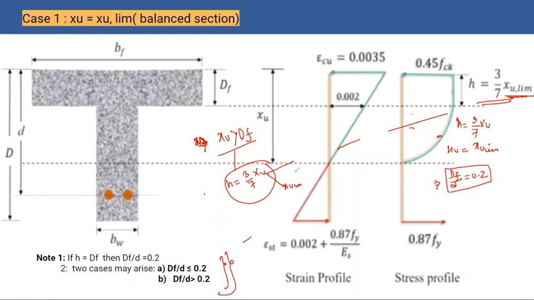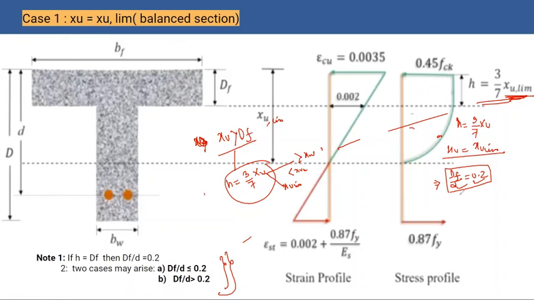Xu इक्वल टू Xu लिमिट, Xu लेस देन Xu लिमिट, Xu ग्रेटर देन Xu लिमिट. ठीक है. तो फर्स्ट सिचुएशन इज Xu इक्वल टू Xu लिमिट. इफ Xu लिमिट हुआ, देन क्या होगा? I can find if Xu is equal to Xu limit, then Df by D is equal to 0.2.